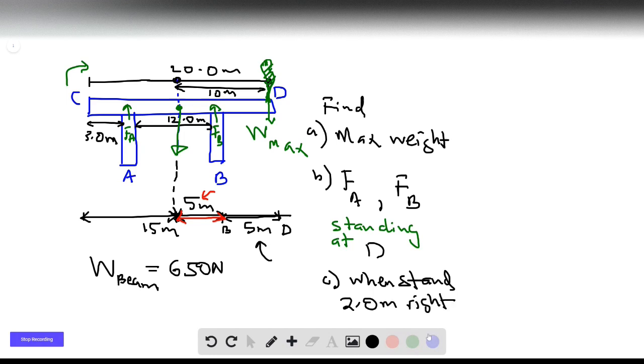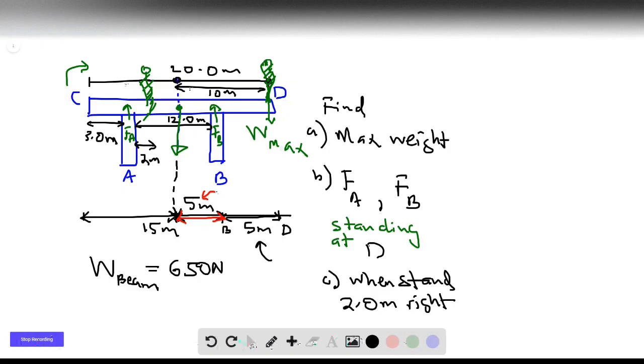So there is a lot of information about this problem. 2 meters to the right of A, that's going to be round about this point right here. So this is the second part. They're going to be standing right there. And so that distance is going to be 2 meters.